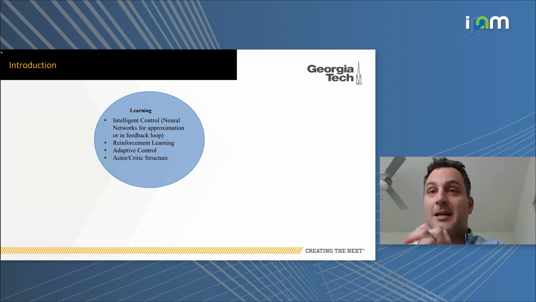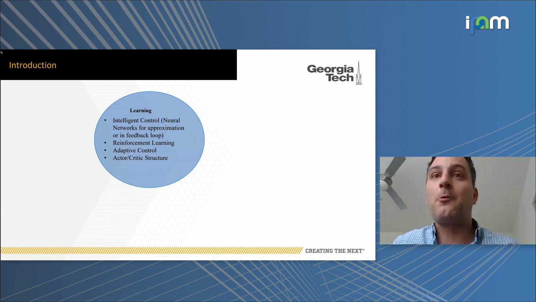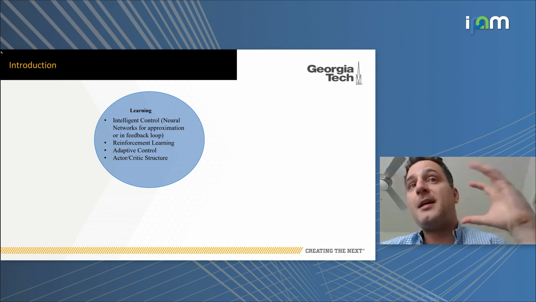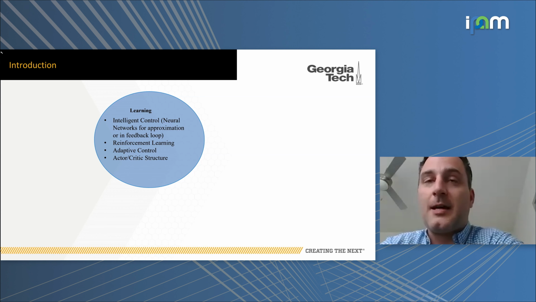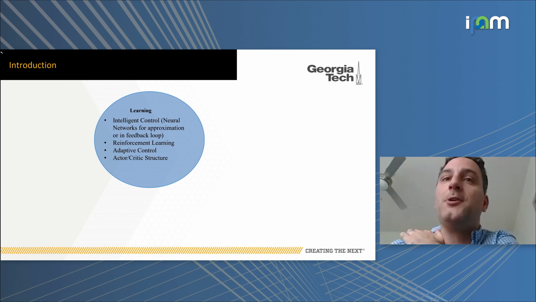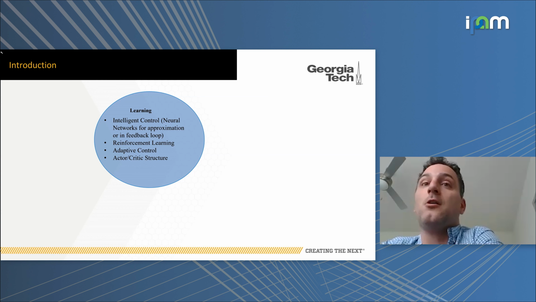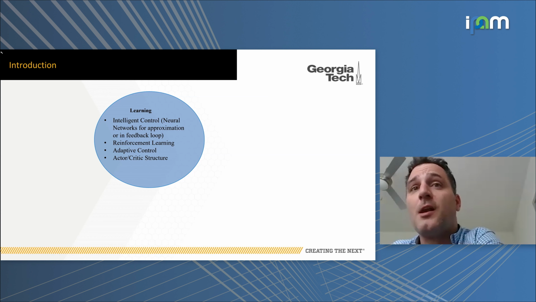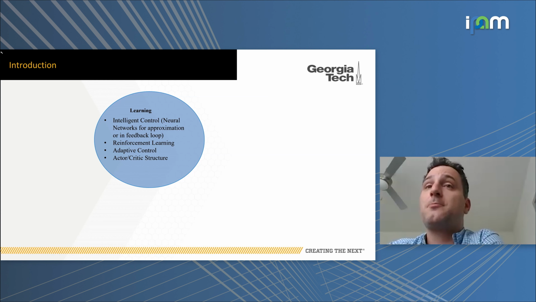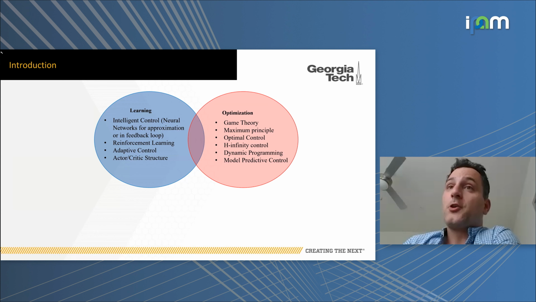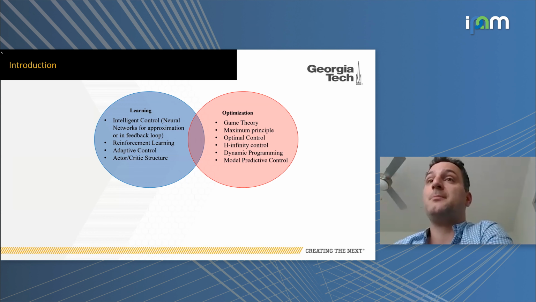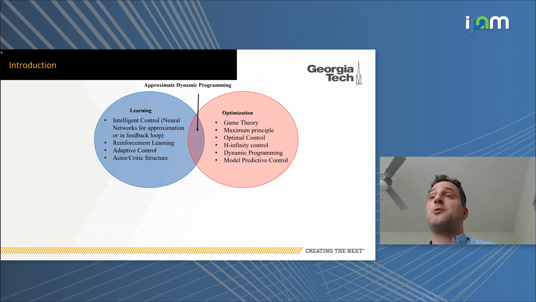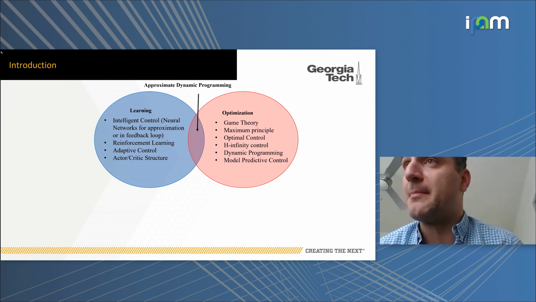Okay, so before I start my talk, I want to give a brief overview of some things. Learning lives in its own bubble. Back in the day, people in control were using neural nets for approximation or in a feedback loop. Nowadays, they have started working on reinforcement learning, actor-critic structures, and so on. And if you combine that with optimization, these two things come together in what is called approximate dynamic programming.